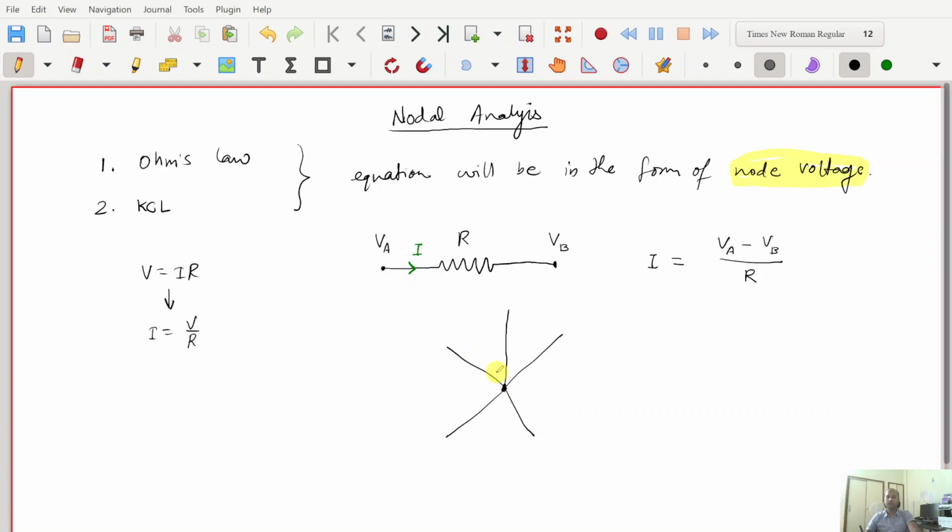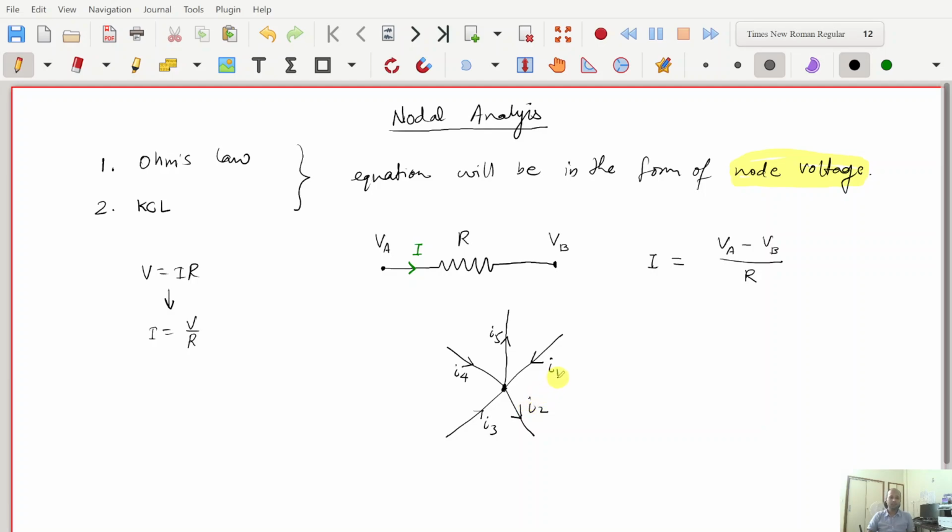In each of the branches, let us arbitrarily assume that there is some value of current flowing. In each branch we have marked the direction of current. Now let us name them I1, I2, I3, I4, and the fifth one is I5.